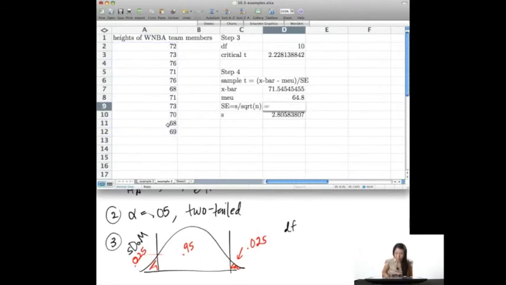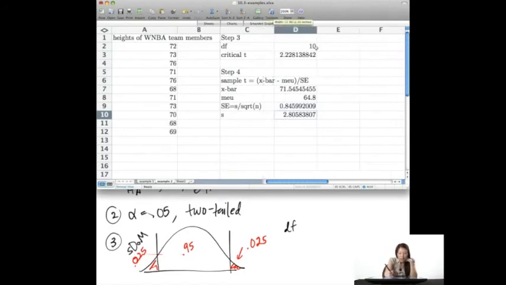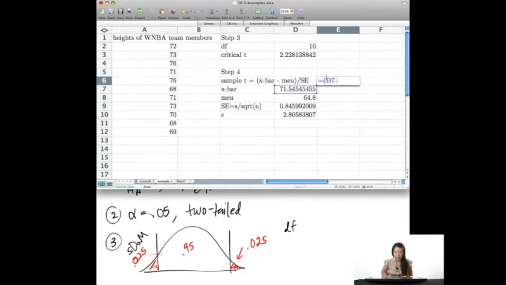And then once I have standard deviation, I could take that and divide it by the square root of n, which is 11. So that's my standard error. And once I have all of these ingredients, now I could assemble my T, which is x bar minus mu divided by standard error.